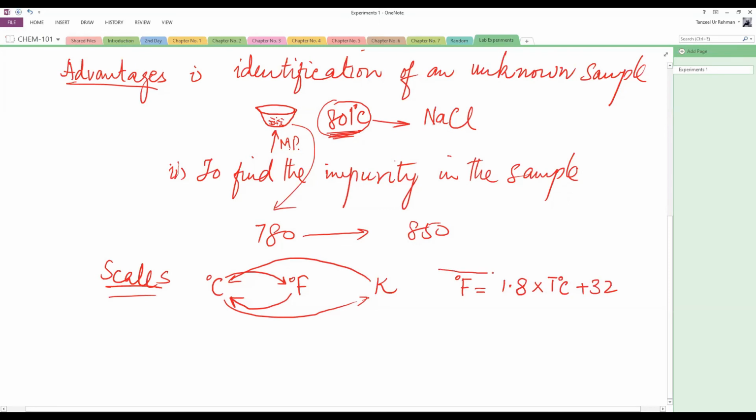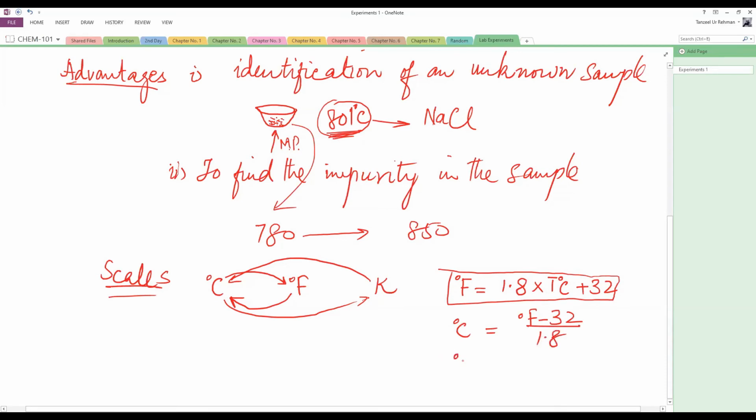This is the formula to convert Celsius to Fahrenheit. If we have temperature in Fahrenheit, then temperature in Celsius equals temperature in Fahrenheit minus 32, divided by 1.8.